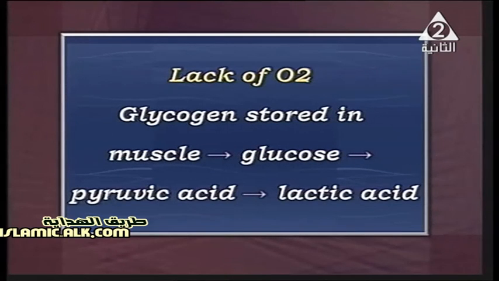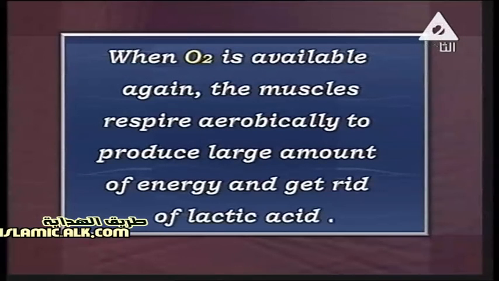Just a summary for you. With the lack of oxygen, glycogen, which is stored in the muscle, is broken down into glucose. That gives us pyruvic acid, and pyruvic acid at the end of anaerobic respiration gives us lactic acid. When oxygen is available, the muscle respires aerobically.